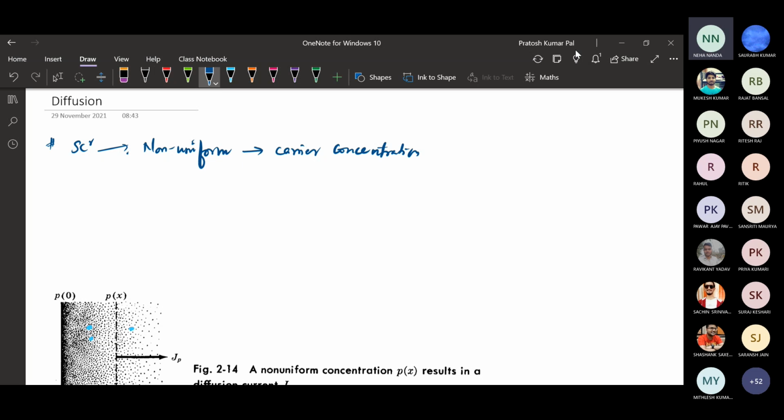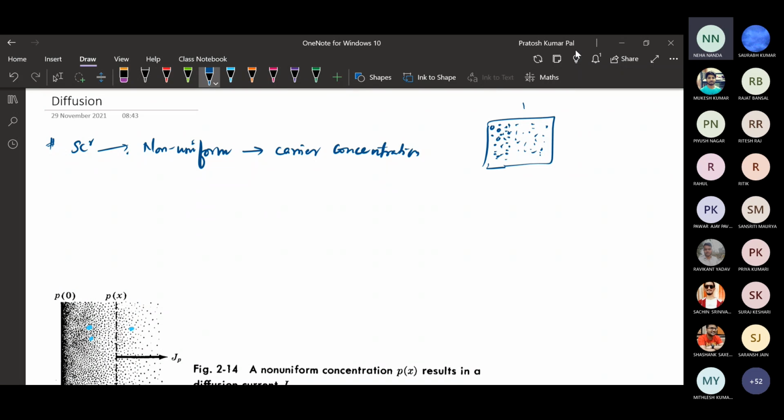So because of this non-uniform charge carrier concentration, that means this is the semiconductor, the charge carrier concentration will not be uniform throughout the semiconductor material. Okay, so somewhere it will have higher concentration, somewhere it will have lower concentration.